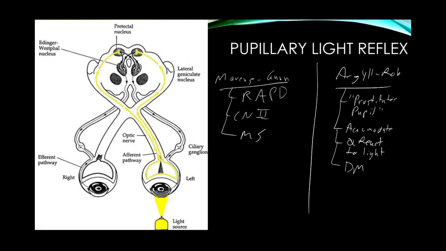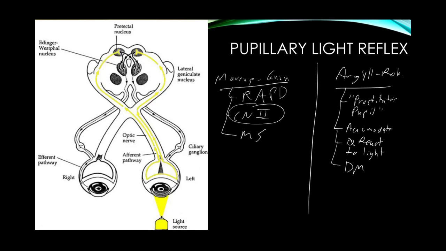And both pupils constrict less, and it will appear that they're dilating, because you're moving from a state of shining light into the normal eye, where both are constricted, taking the light away from the normal eye and going to the affected eye, and both pupils appear to dilate when you swing the flashlight. And that is due to optic nerve damage. The afferent limb is affected.